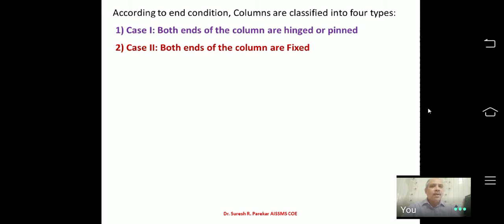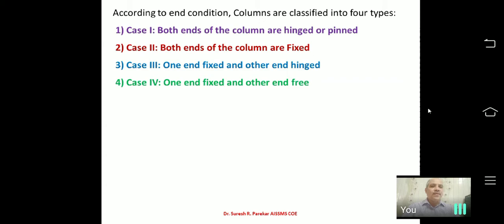Then one end fixed and the other hinged, and then one end fixed and the other free. So we will come across these four cases, in which columns are broadly classified into four types according to the end conditions.